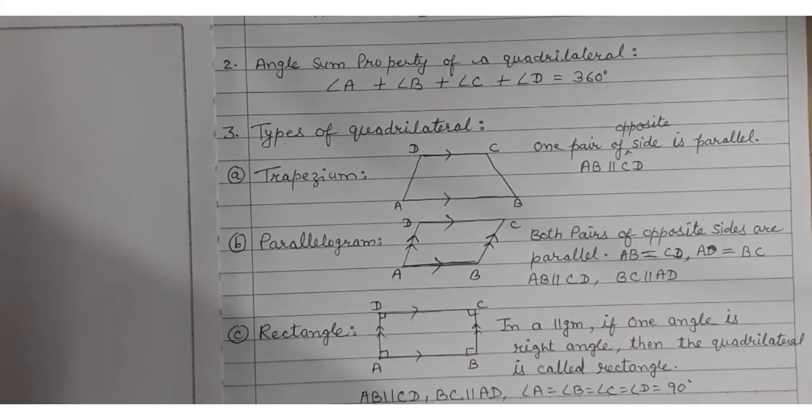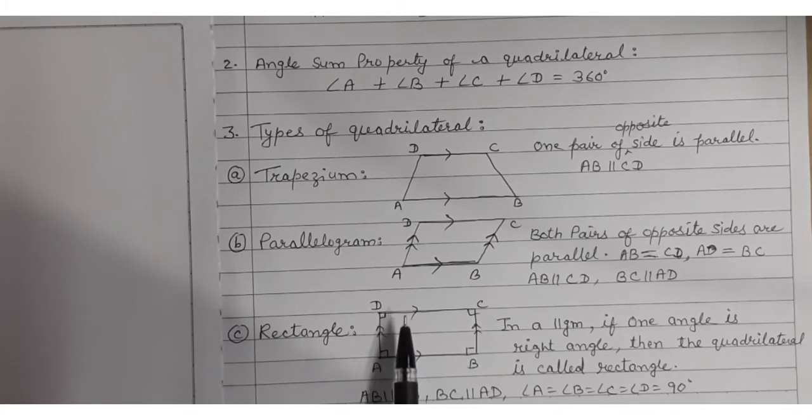Then the third one is your rectangle. In a parallelogram, if one angle is a right angle, then it is called a rectangle, because in a rectangle opposite sides are equal and parallel also. And one angle is 90 degrees.